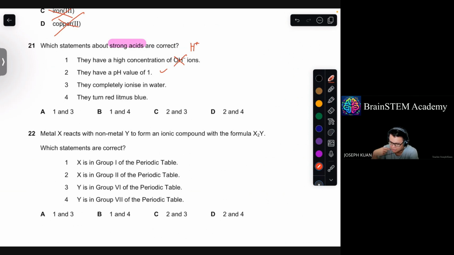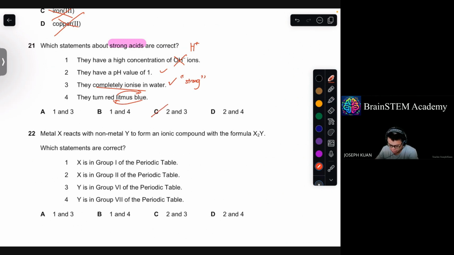Three, they completely ionize in water. That is correct. The keyword here is strong. Four, they turn red litmus paper blue. That is wrong. It should be the opposite, blue to red for acids. So the answer here is C, 2 and 3.